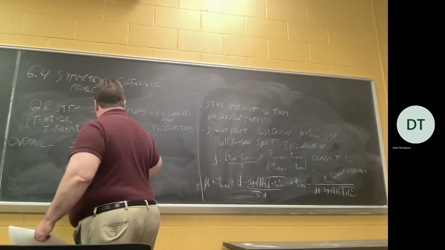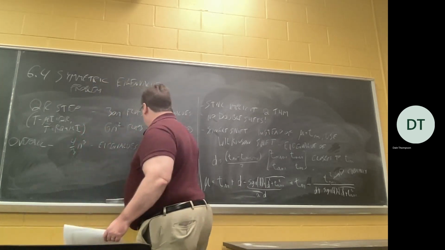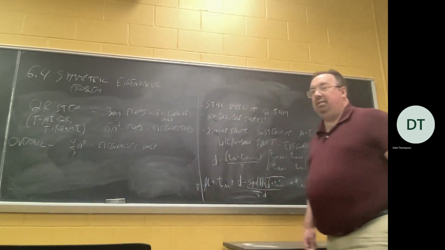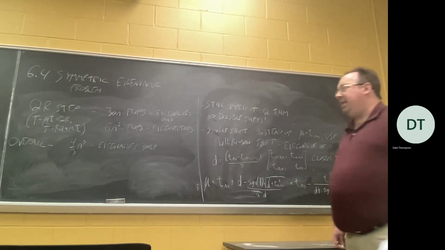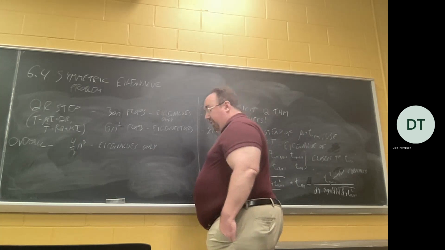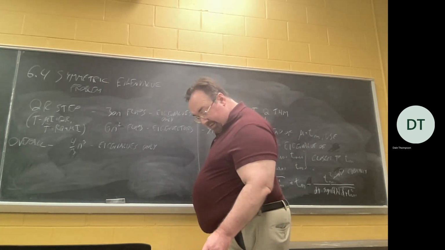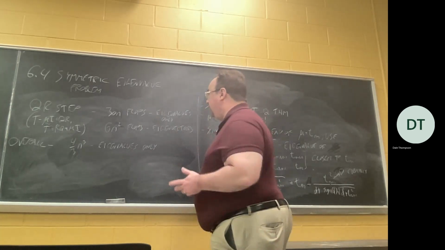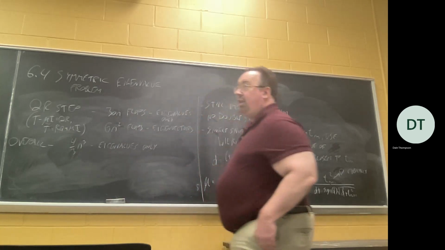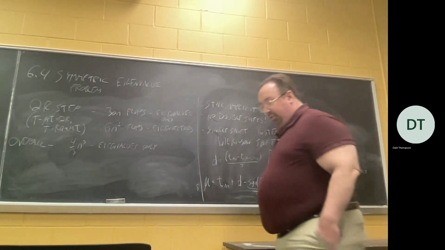That's a huge difference from the unsymmetric case, which requires, I think it was like 10n cubed or something like that. Okay, and the main expense of this is not even the QR steps, it's the tridiagonal reduction that makes it take that long.